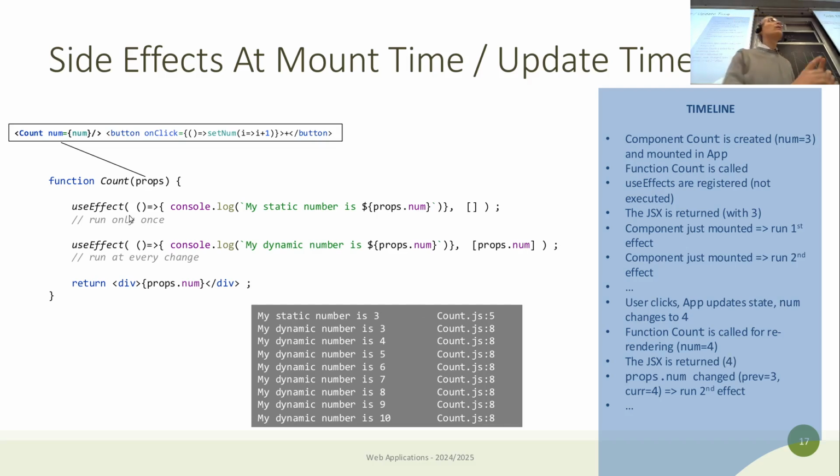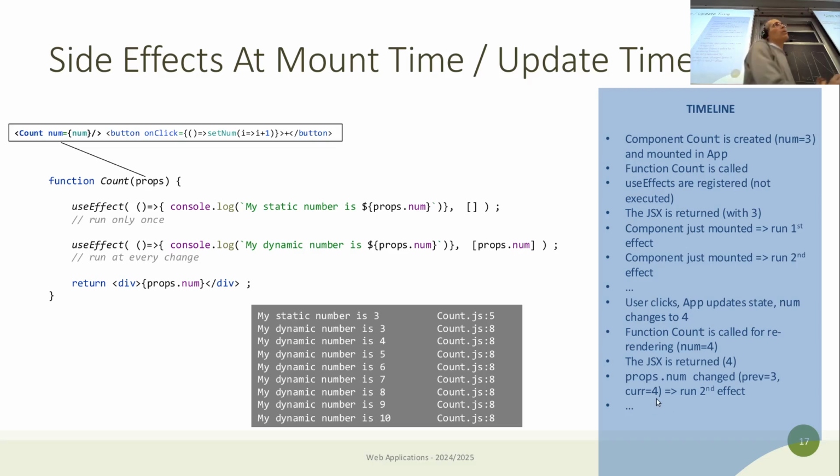Now React knows it's not the mount time because Count has already been called once. So the first useEffect, even if it's re-registered, is not run because it has an empty dependency list. And the props number has changed: the previous value was 3, the current value is 4.